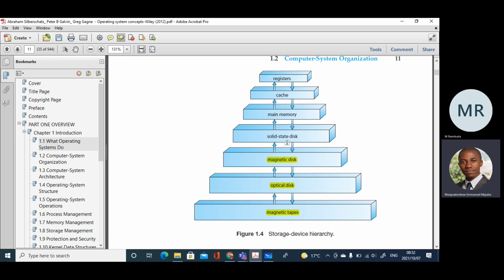We still have those basic amounts in every computer system: registers, cache, and main memory. Most of the time, it's not things we upgrade on a personal computer, but you can upgrade on a server type of computer system. So as you go from bottom to high, you increase cost, but you also become faster.